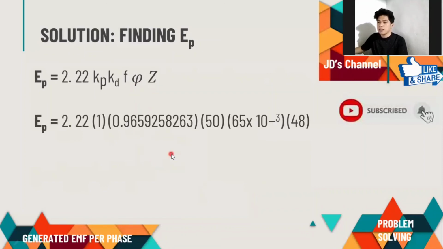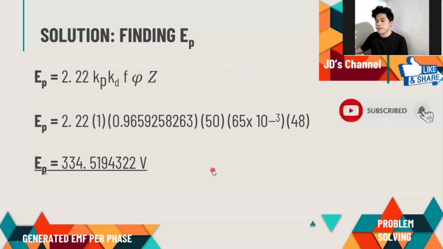So we have 2.22 multiplied by the given KP, then the KD we got, then the frequency, the flux, and the Z we got earlier. Class, we have the value 334.519432 volts.